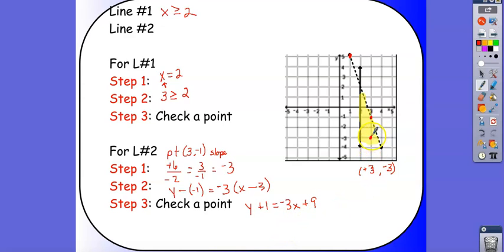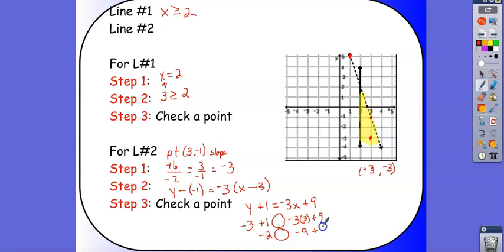Okay, now I need to check this guy right here, and I need to make sure that it is going to be true. What inequality can I put in there so that it's true? So if I put in a negative 3 for y, and I want to know what to put in here so that it's true, negative 3 times a positive 3 plus 9. Okay, I got a negative 2, and I don't know what belongs in here.